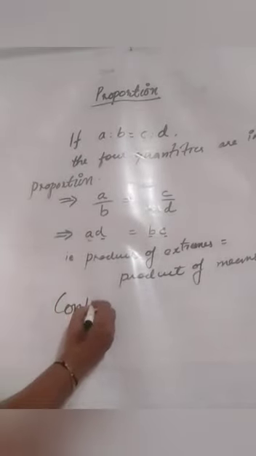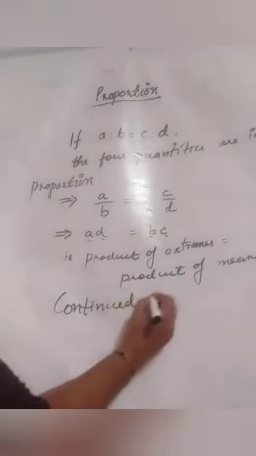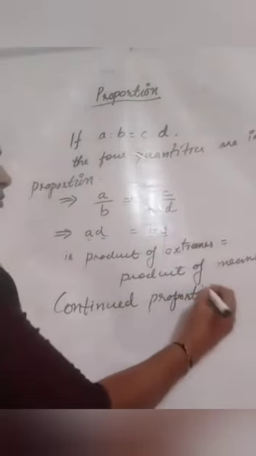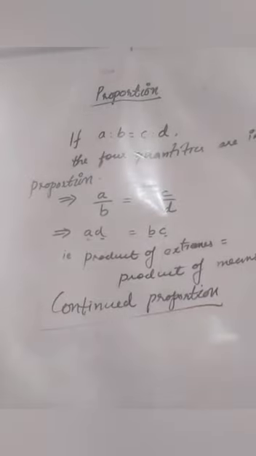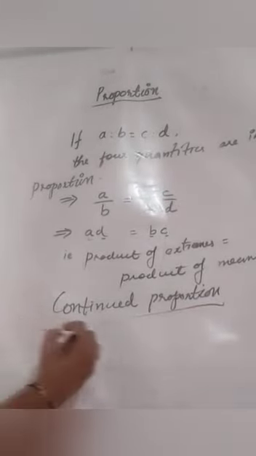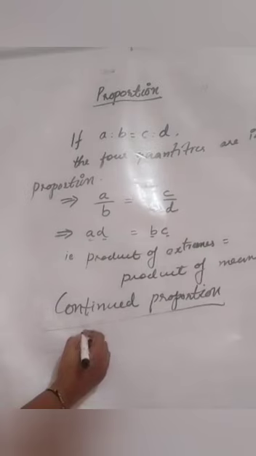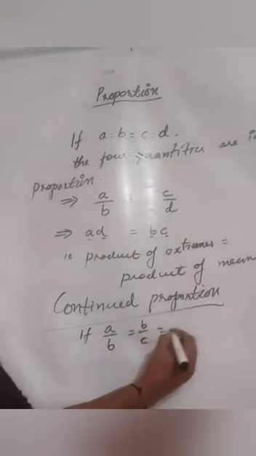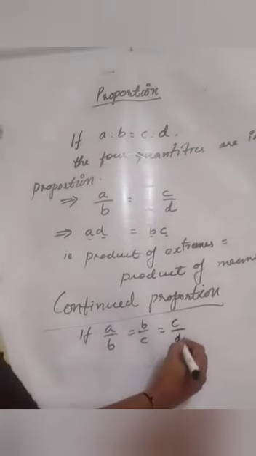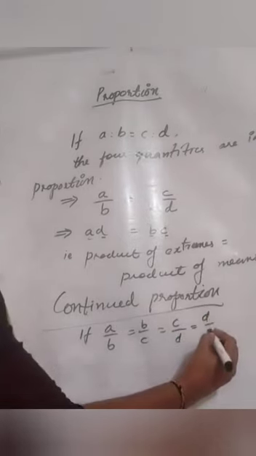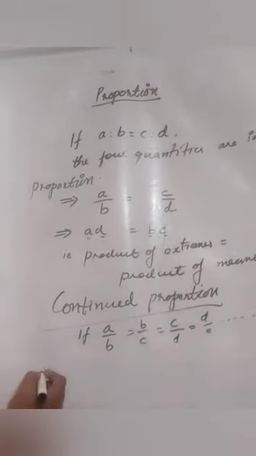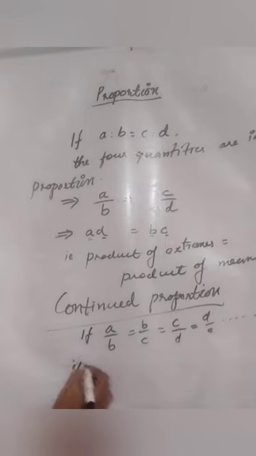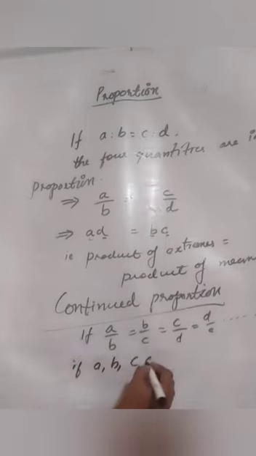Next is continued proportion. If A, B, C are in continued proportion, if and only if A by B equal B by C. In general, we can write if A by B equal B by C equal C by D equal D by E, the quantities A, B, C, D, E are in continued proportion.